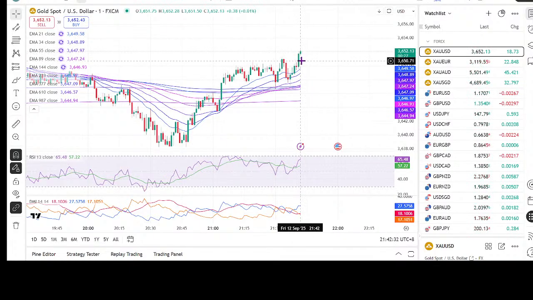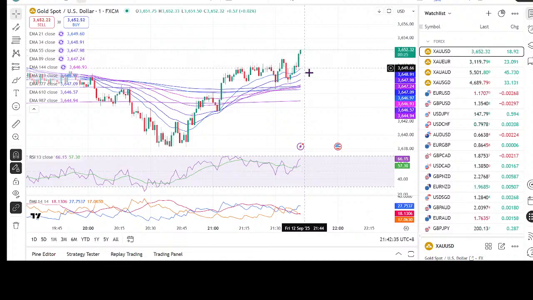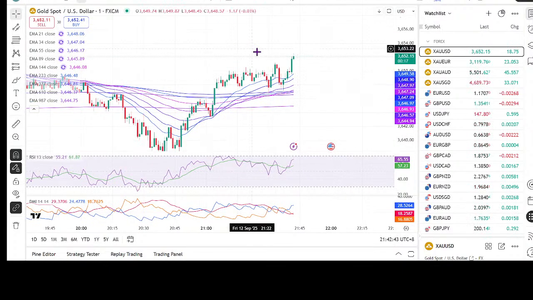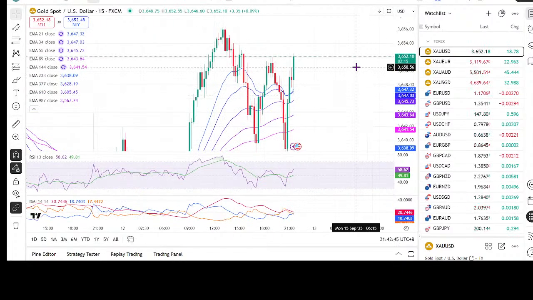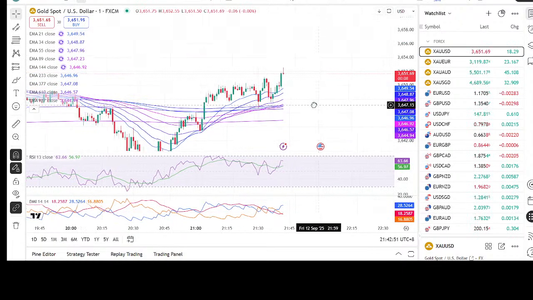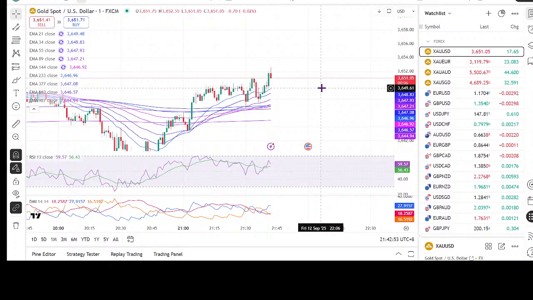So what we can do is we can look to buy at the market. Okay, put a stop at 45. Okay, do this as an add-on entry. Okay, and we've got to see whether this is going to continue.